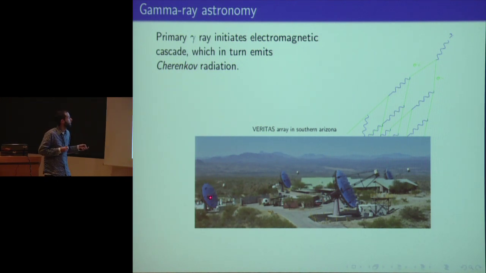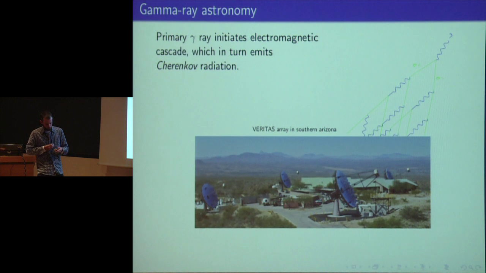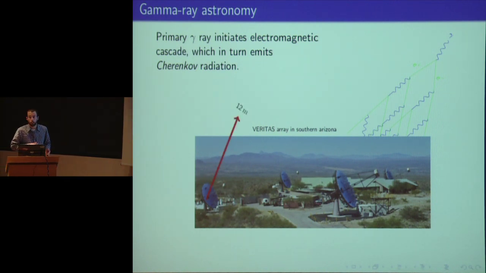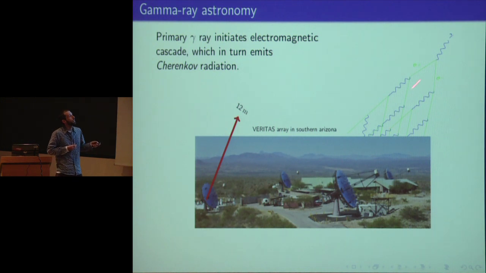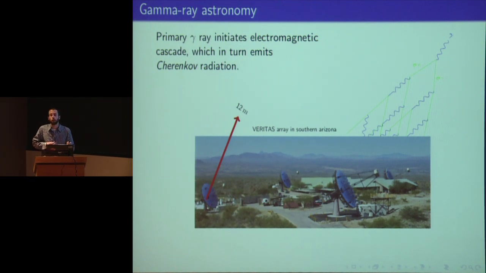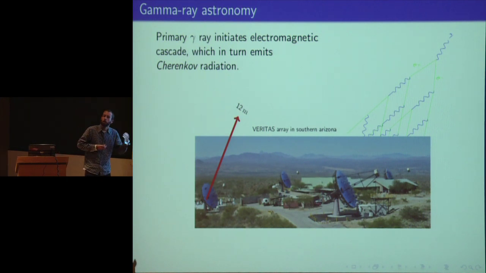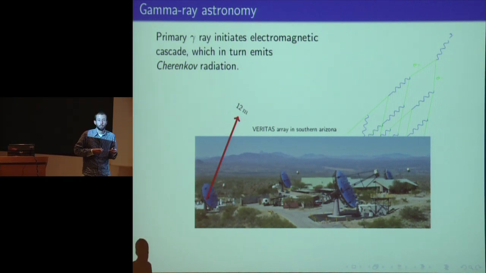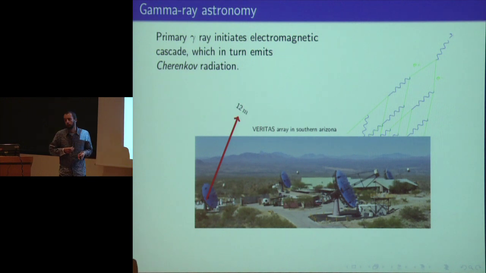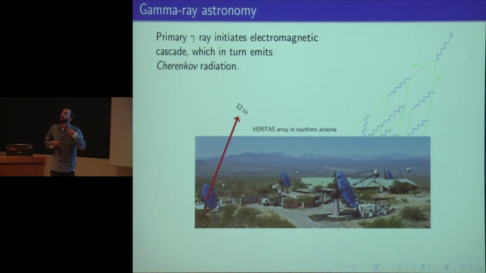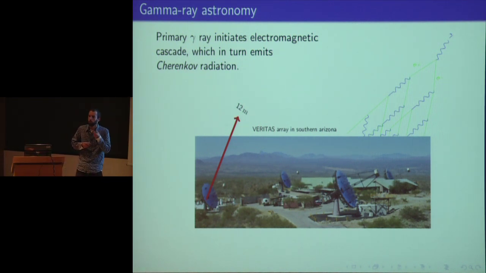What these gigantic 12-meter telescopes see is the light emitted by all of this cascade of particles. And they can, in turn, deduce the position and energy spectrum at TeV energies, that is, energies that are 10 to the 12 times more energetic than the photons that we see with our eyes.